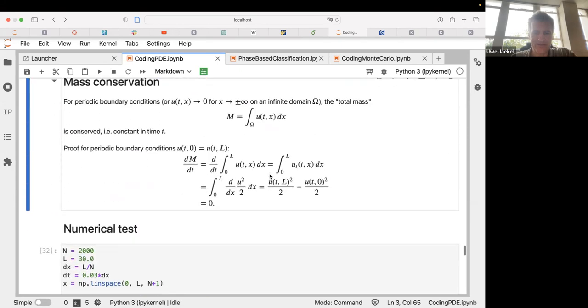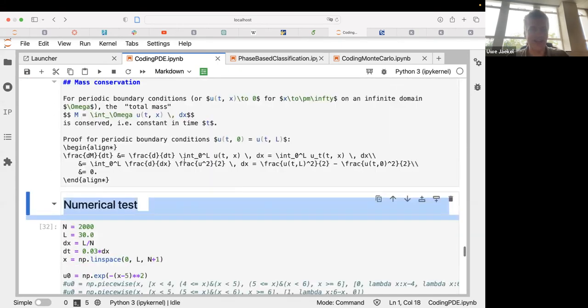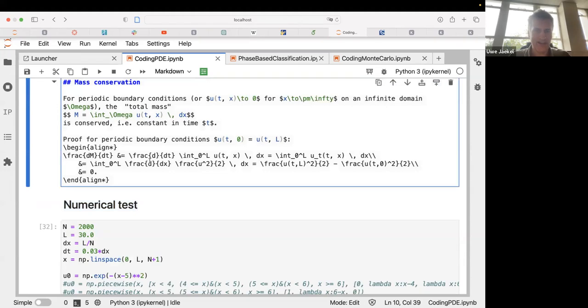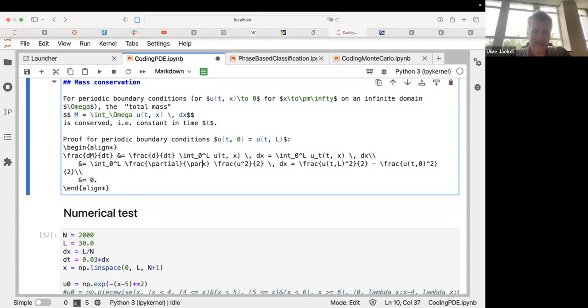So this is the error that I made, or actually I made two small errors. I should write this as a partial derivative, and I forgot the minus sign.